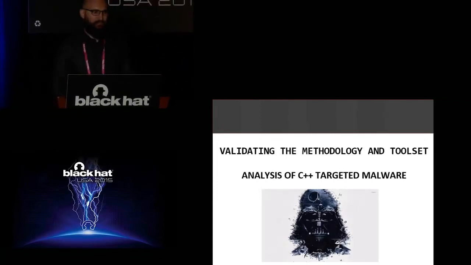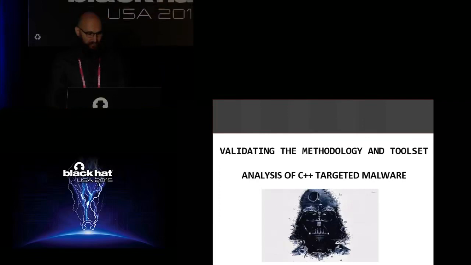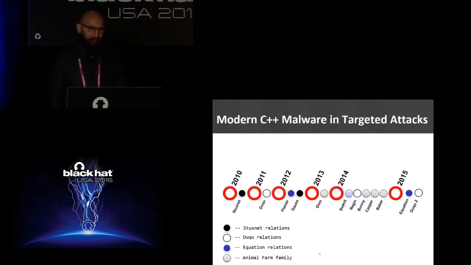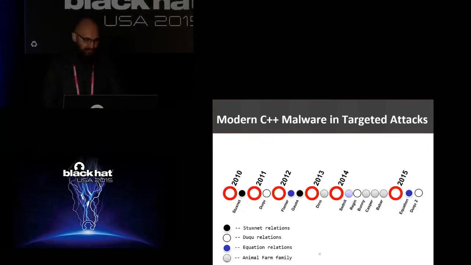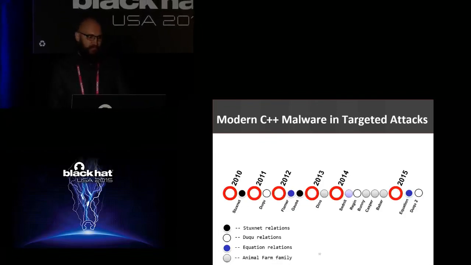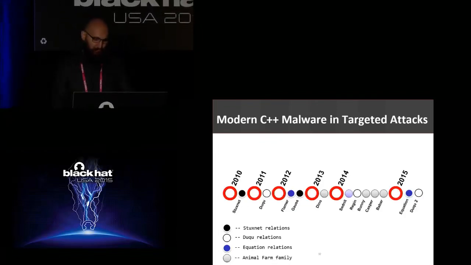So in this part, we will be speaking about the analysis of some targeted C++ malware, and we chose a couple of families for this analysis. But the most interesting set was Animal Farm. It means Babar, Dino, and Bunny, Casper.